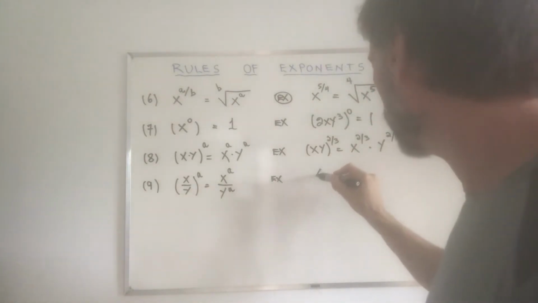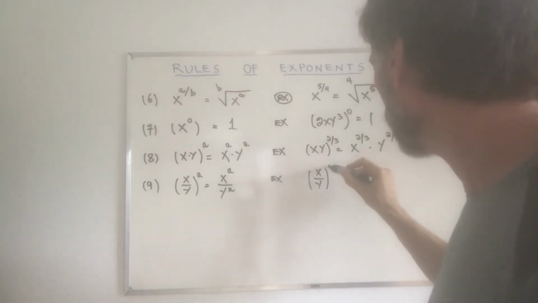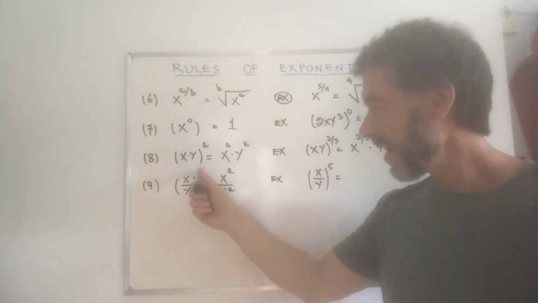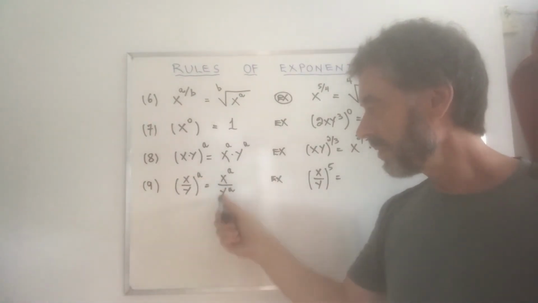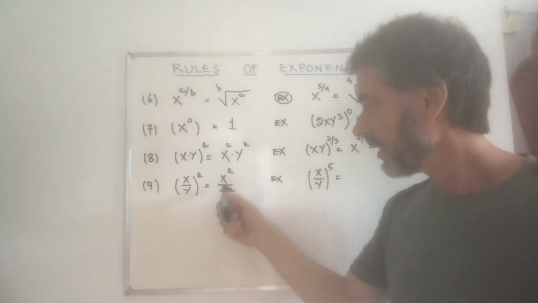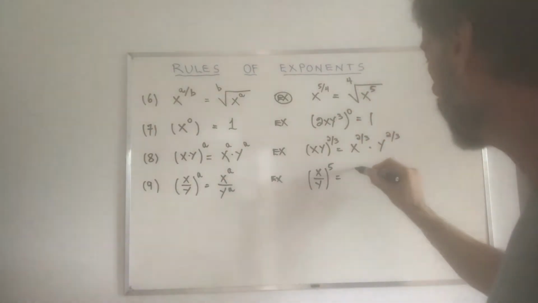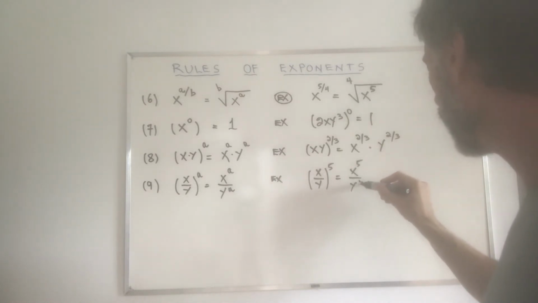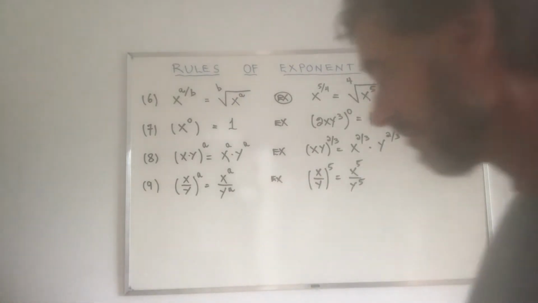Suppose that we are given x over y to the power of, say, 5. Then this power 5 shall be distributed to both. It only works if you have a division. So that shall be x to the 5 divided by y to the 5.